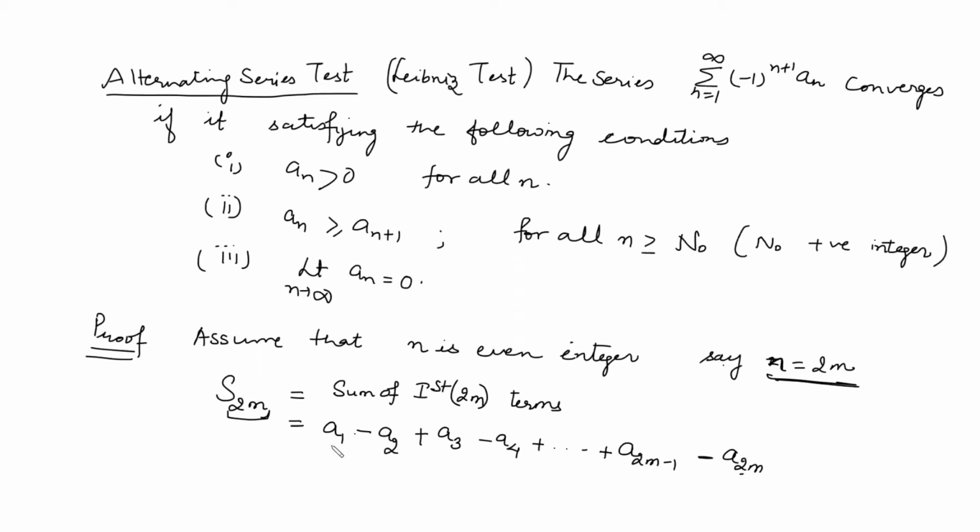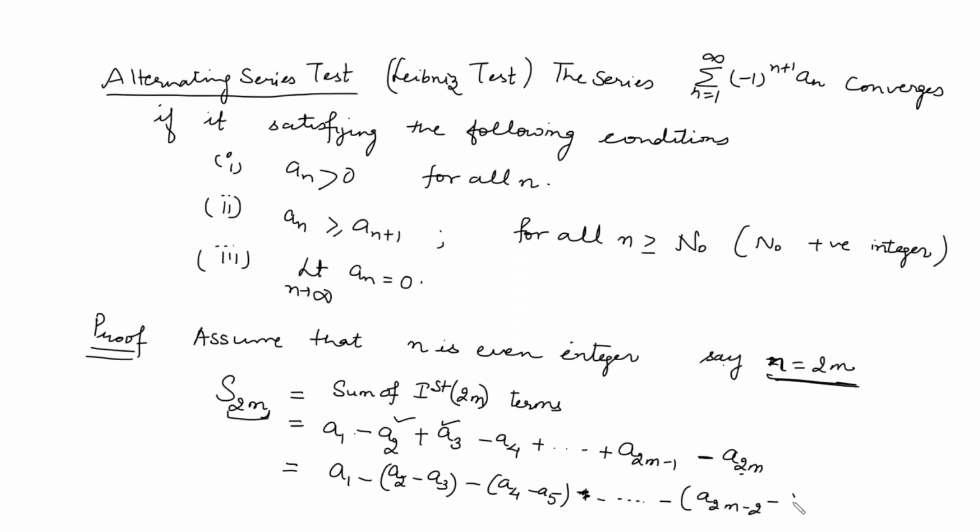So the sum of the first 2m terms is a1 minus a2 plus a3 minus a4 and so on plus a(2m-1) minus a(2m). Now we can take minus common from these two terms, so we have a2 minus a3. Again, from the next two terms, take minus common, and you will have a4 minus a5, and so on.